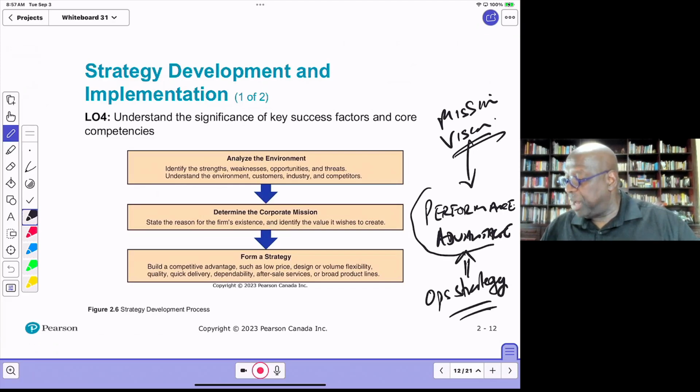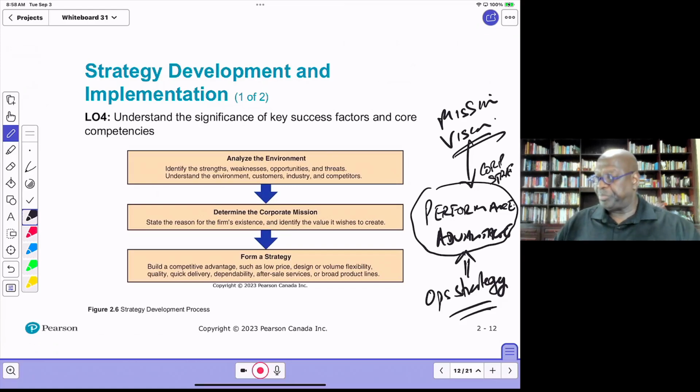But that part right here will then become part of your corporate strategy. Okay? So then you'll determine if you want to emphasize a low price, flexibility, quick response, dependability, and so on.